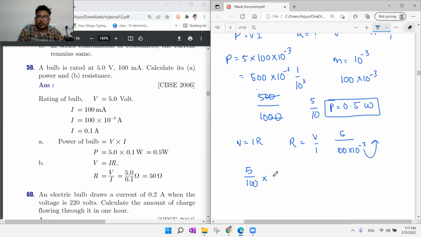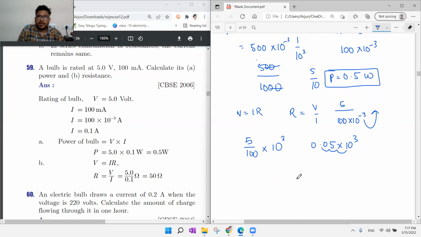If it is going to numerator, it becomes 10 to the power of 3. Now 5 by 100 means 0.05 multiplied with 10 to the power of 3, means this point will be going 3 places, 1, 2, 3. So simply to say, we'll be getting 50 ohm. R is equal to 50 ohm.